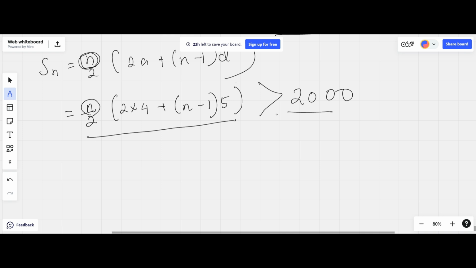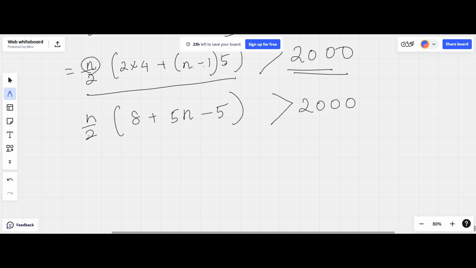So this formula needs to be more than 2000. Now what to do? Let's expand this. First of all, we'll solve inside the bracket. 2 into 4 is 8, plus 5 into n, 5n, minus 1 into 5, minus 5. This needs to be larger than 2000. Now let's multiply n by 2 into 8, so it will be 8n by 2.